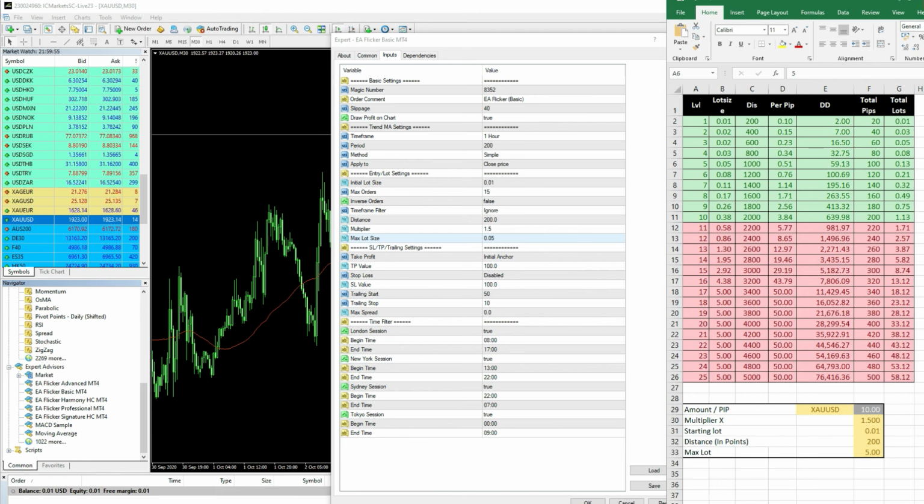Now if your capital is small, you can always opt to trade on a cent account. I'll post links in the YouTube description box down below, do check it out. What a cent account does is that if you have $100, it will give you 100 times more in so-called credit to trade with.